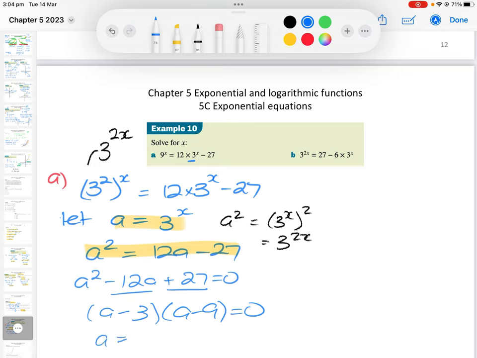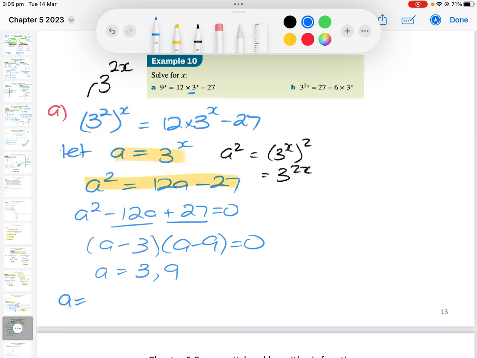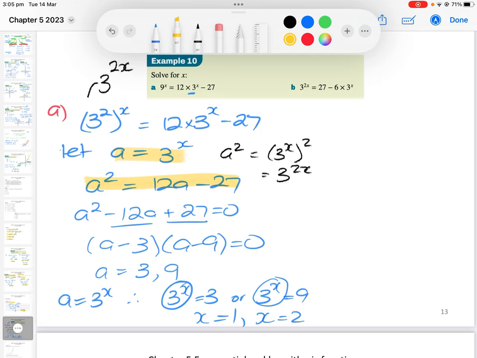So a is 3 or a is 9. Right, but what do we know? A equals 3 to the x. Therefore, 3 to the x equals 3 or 3 to the x equals 9. So that means x can be 1, 3 to the power of 1 is 3, or x can be 2 because 3 squared is 9.